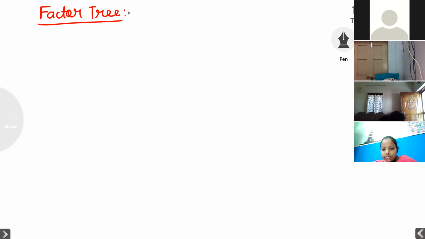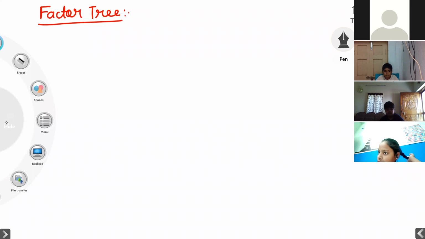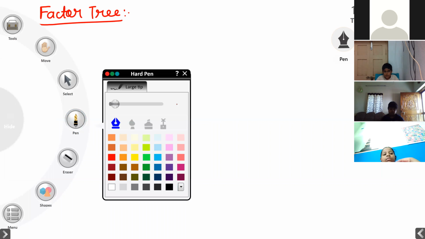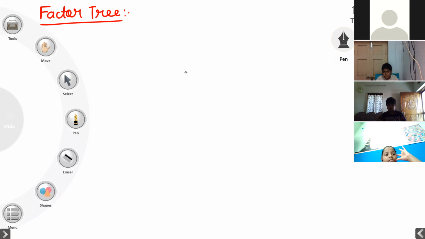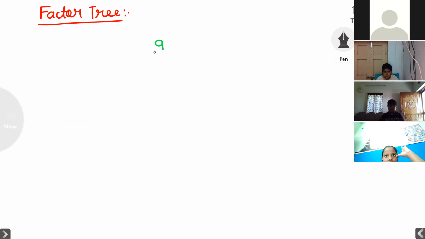Whatever concept we have learned just now, that only we have to show. That is called factor tree. Listen, suppose I'm writing the first example. Don't write, students. Listen carefully. I'm writing one example: 9x square minus 5x plus 4. Now you are observing, students, 9x square minus 5x plus 4.